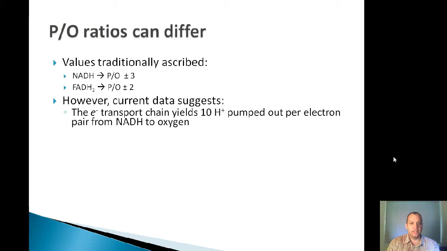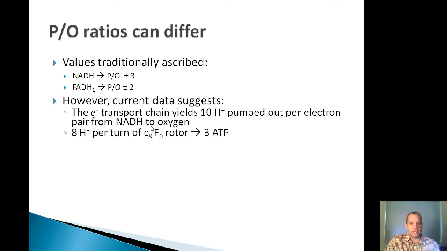Current data suggests that the electron transport chain yields 10 protons pumped out per electron pair from NADH. So if the electrons came in as NADH at complex 1 and travel from there to complex 3 to complex 4 onto oxygen, during that chain you actually get 10 protons pumped out of the mitochondrial matrix into the intermembrane space.